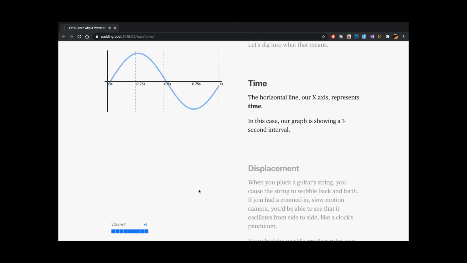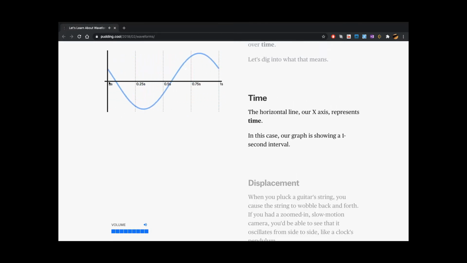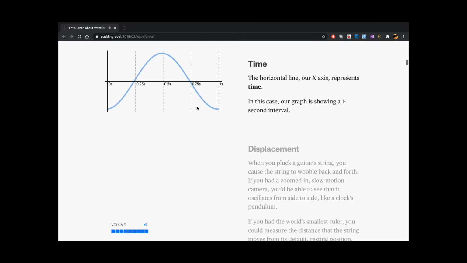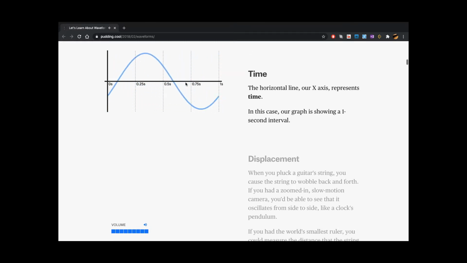So let's first look at the x-axis. In the x-axis we have time. Let's say time is 0 to 1 seconds, and this waveform has one wave in 1 second, so one cycle per second, and it's a periodic waveform, so the same cycle repeats over and over.